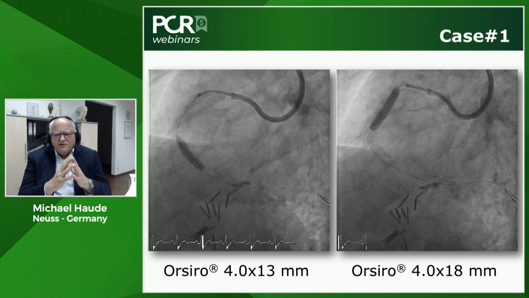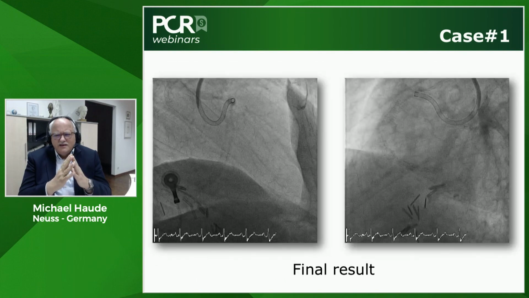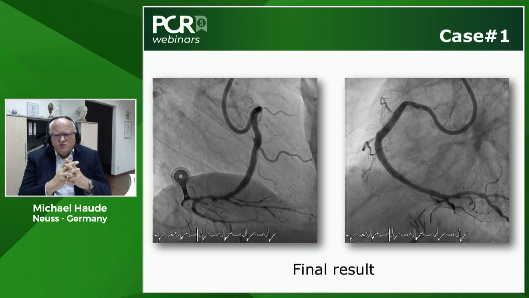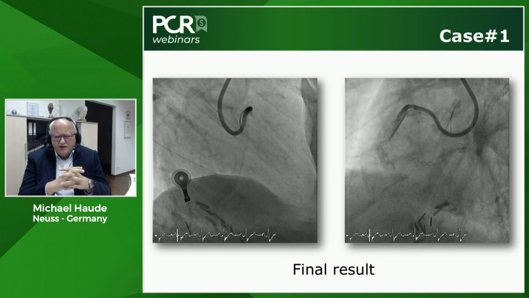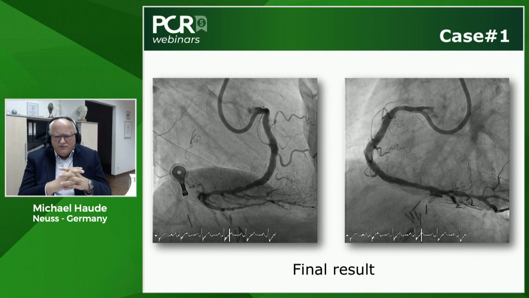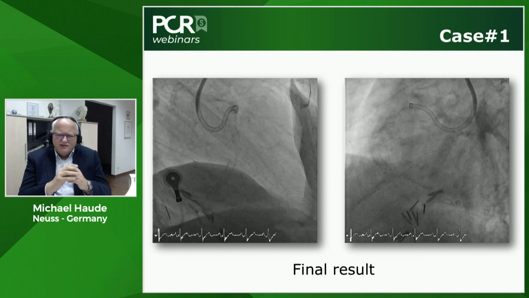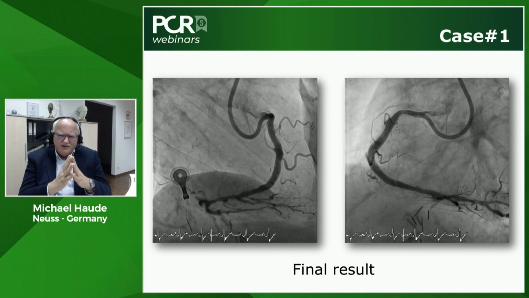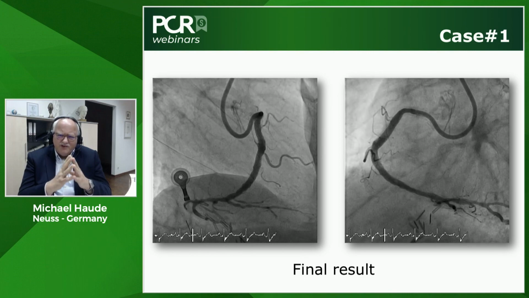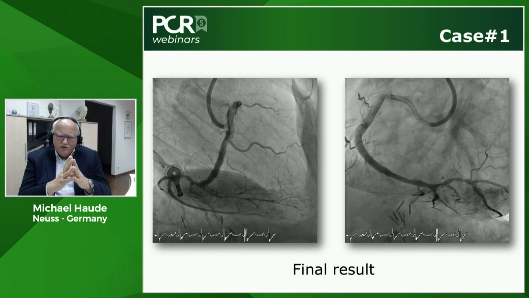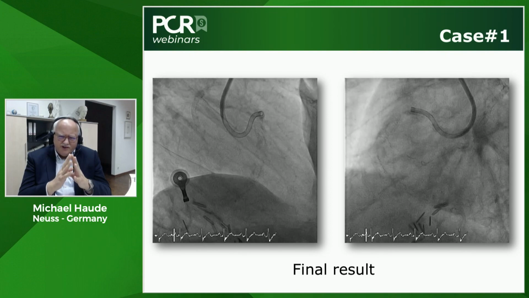The final result really shows what we have achieved in this huge dominant right coronary artery. I really like this result for this amount of calcium. Without this kind of technology, we probably would not be able to achieve that.